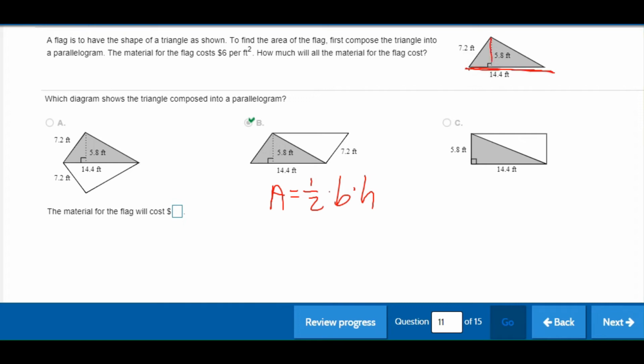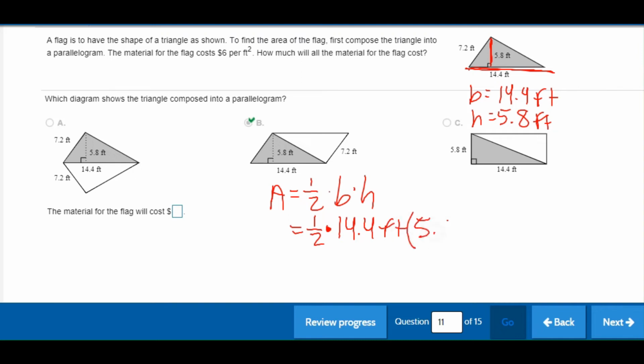My base is going to be 14 and 4/10. My height is going to be 5 and 8/10. And these are both feet. So I'm going to substitute into the formula: 1/2, keep that, times 14 4/10 feet times 5 8/10 feet.